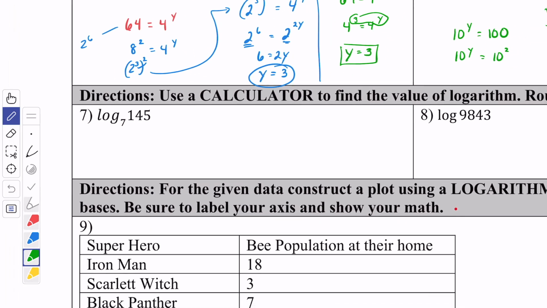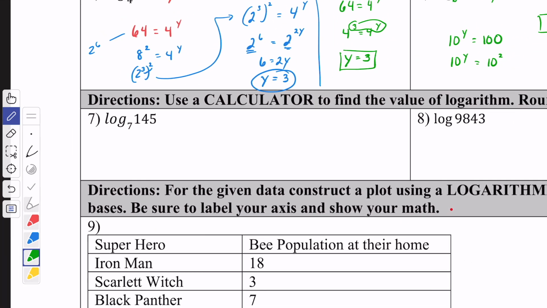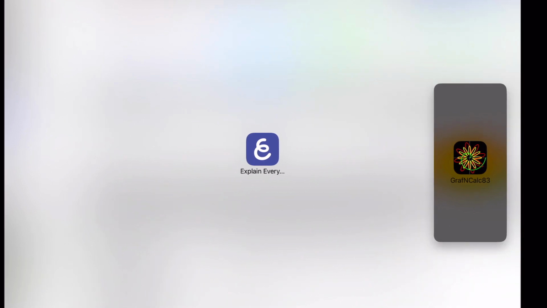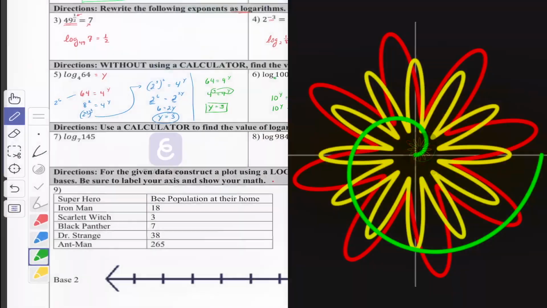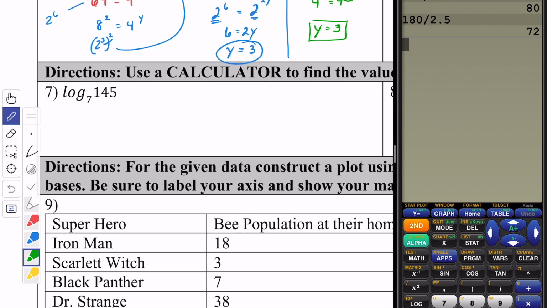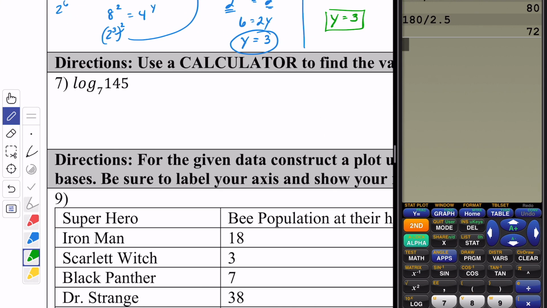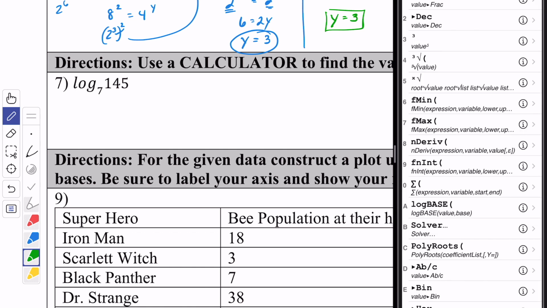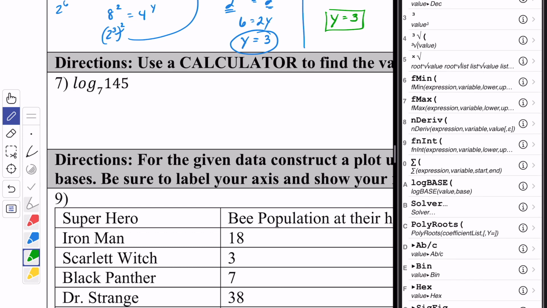Use a calculator to find the value of the logarithm, so I'm going to pull out my trusty calculator here. Alright, so a couple ways we can do this on our calculators. I'm going to use math, and I'll arrow way down to, where's my logarithm at?